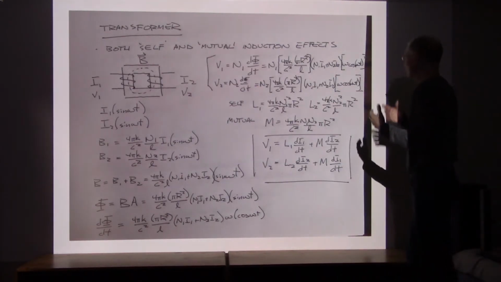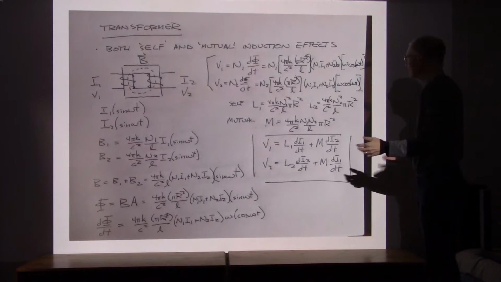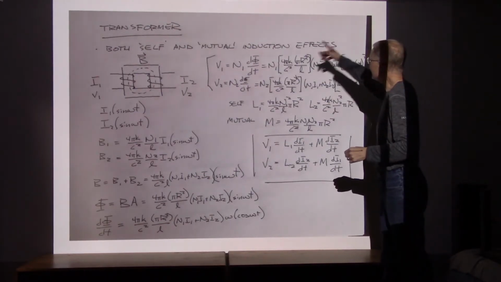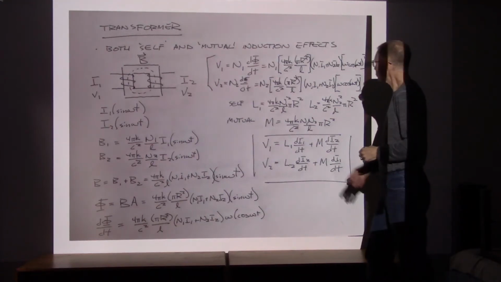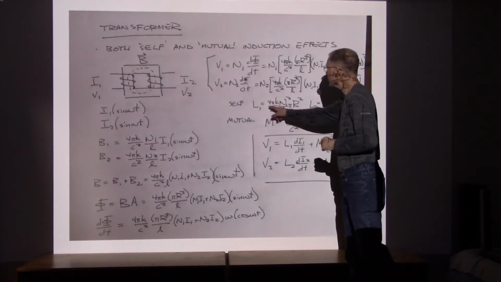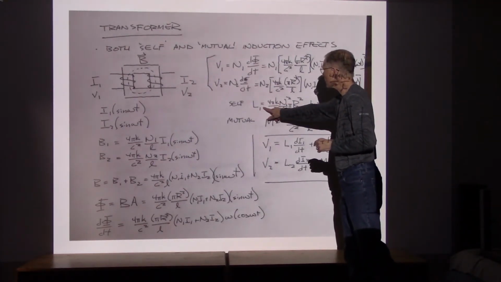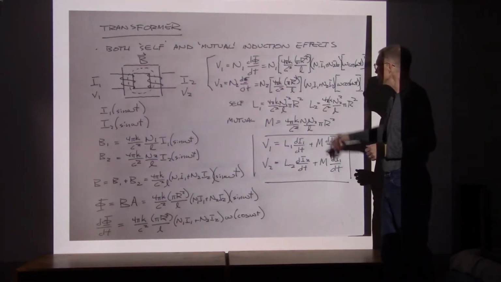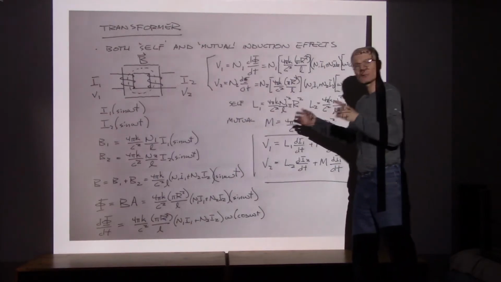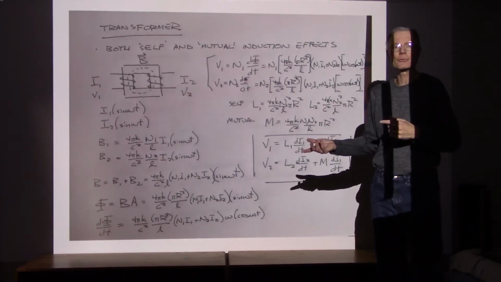Now, what I'm recognizing is that all of these constants that we've developed for our transformer can actually be sorted out into the self-inductance of side 1, the self-inductance of side 2, and the mutual inductance between the two sides.